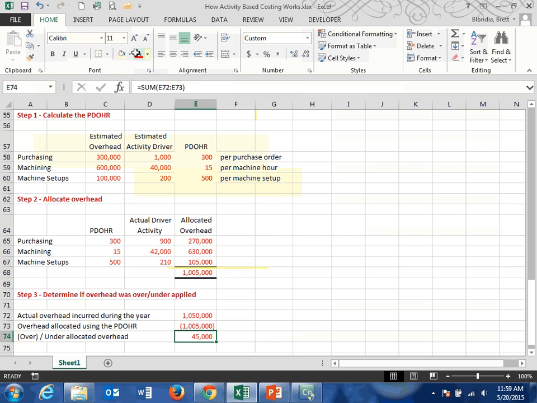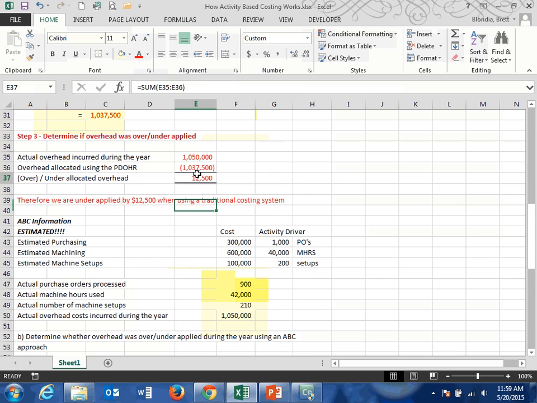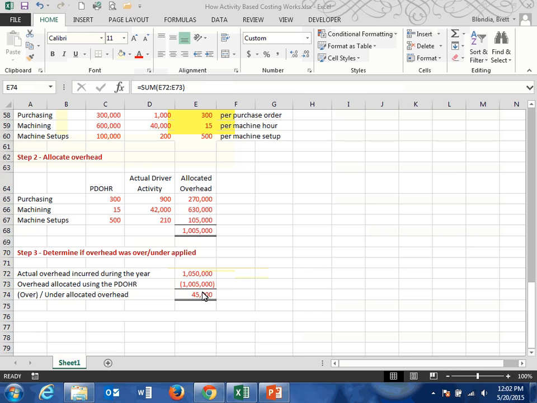Now here's the deal. You're probably looking at this and saying, hey, when we did the traditional approach, we were only under allocated by $12,500, whereas under this approach we were under allocated by $45K. Traditional seems like it's more accurate, but the reality is where your ABC costing becomes more accurate is when you have multi-product companies.